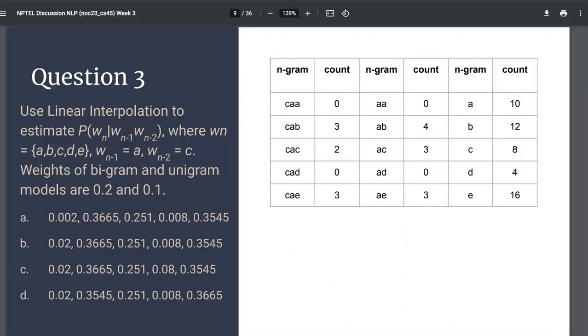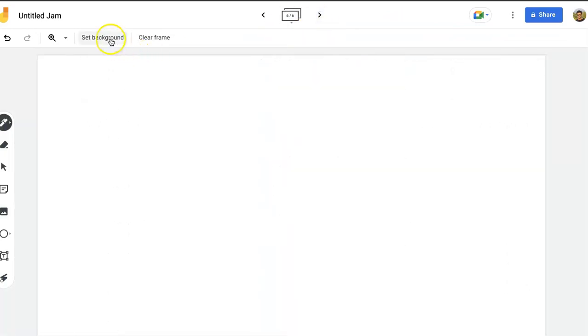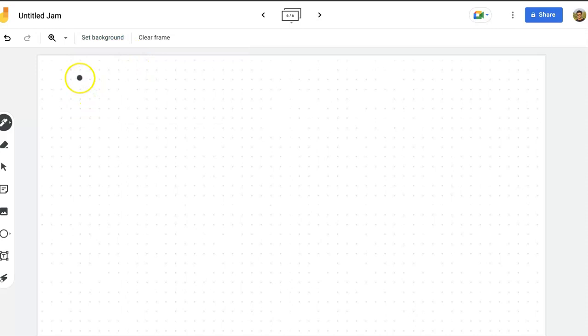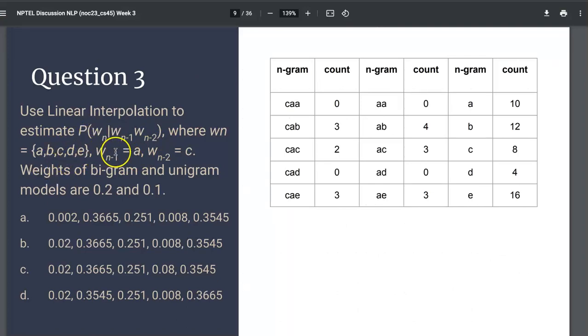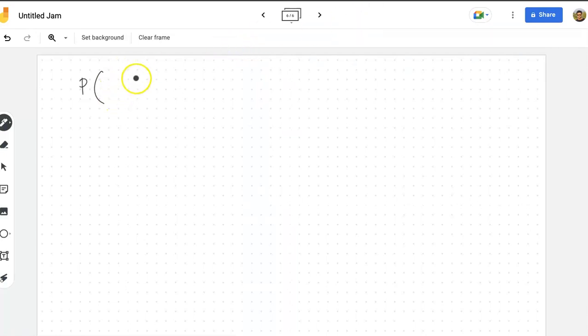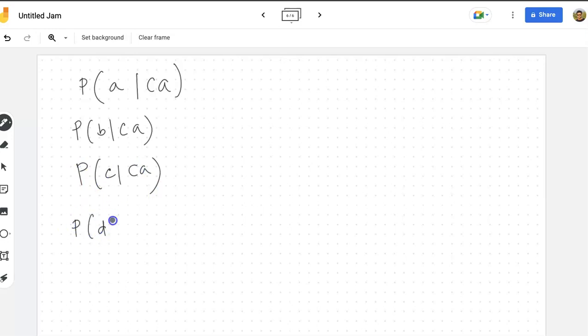Now let's see what they are asking. They are asking for the probability of A, B, C, and D given C and A. They are asking for different things: P(A given CA), P(B given CA), P(C given CA), P(D given CA), and P(E given CA).